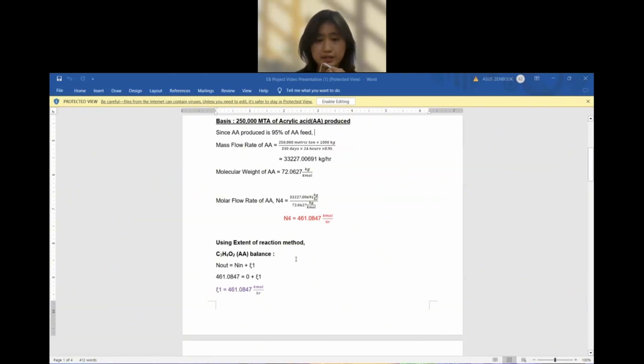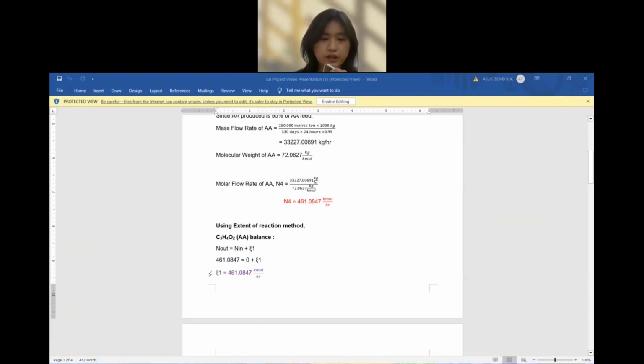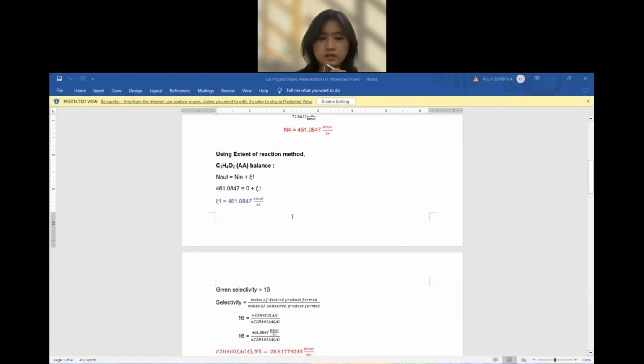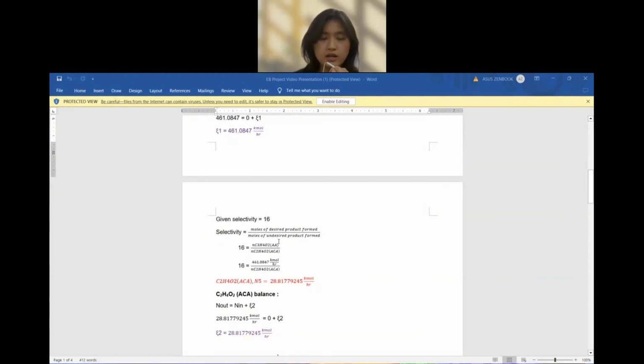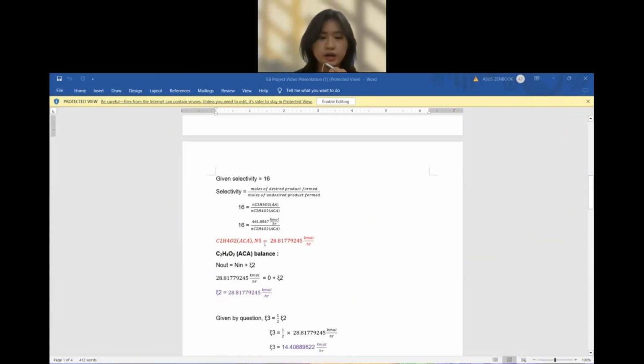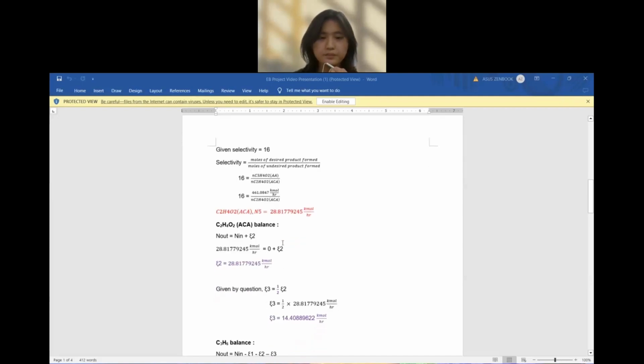Then, by using the extent of reaction method for the AA balance, we can obtain extent 1, which equals N4. The question gives the selectivity as 16, so the desired product, AA, divided by the undesired product, ACA, gives us N5.